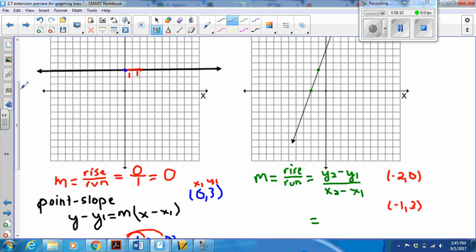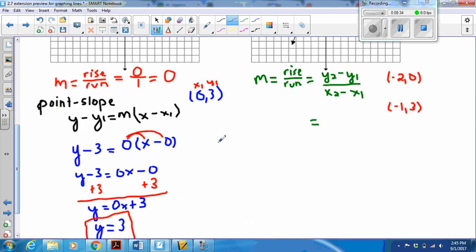So first, in order to find our slope, we have to subtract our y values. Now, it does not matter which one you make your second y value and which one you make your first one, okay? Let's just say we make 0 our first y value, so that's going to be y sub 1, and then 3 is going to be our y sub 2. So here I do 3 minus 0.